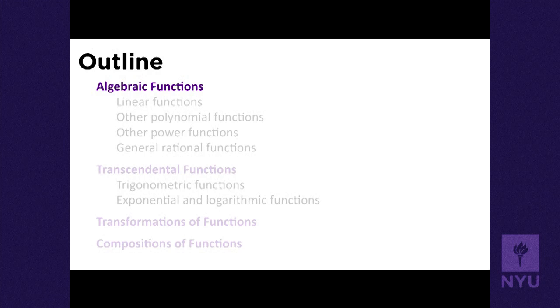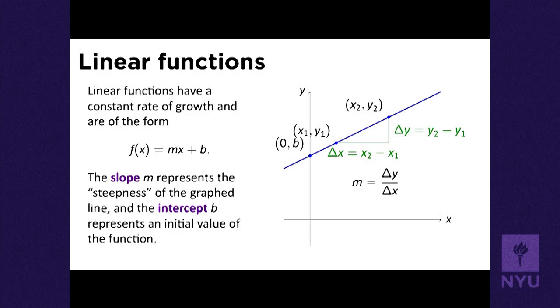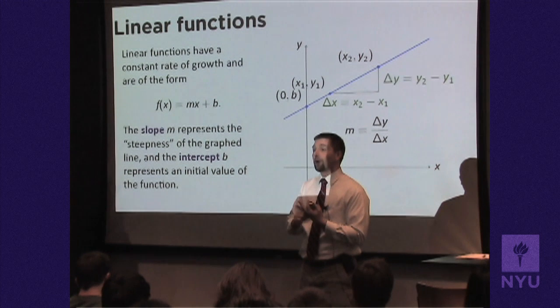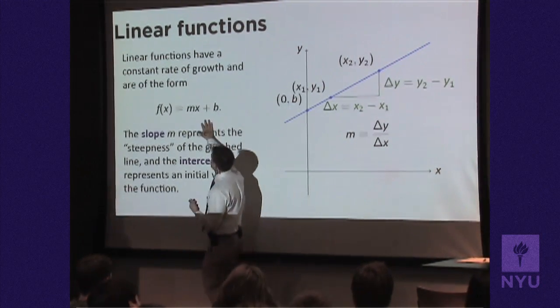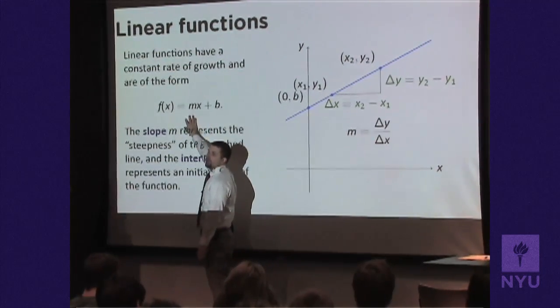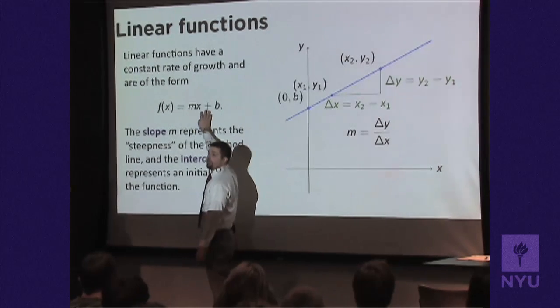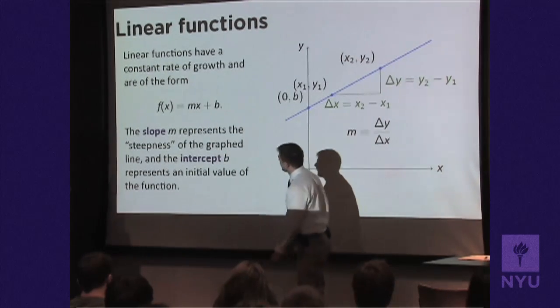Okay, so starting at the beginning with these linear functions. This should give you warm, fuzzy high school algebra feelings. A linear function is determined by, among other things, its slope and its intercept. So one equation for a linear function is a constant m times the variable x plus a constant b.